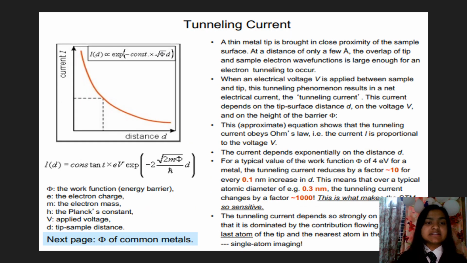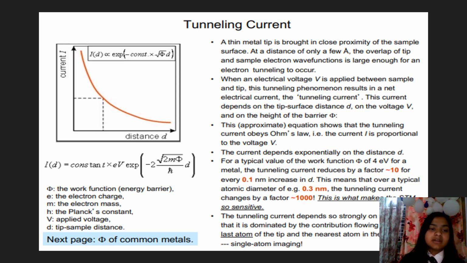This is the graph. This vertical line is the y-axis, that is current. Current is denoted by I. And this horizontal line is the x-axis, that is distance. It obeys Ohm's law.